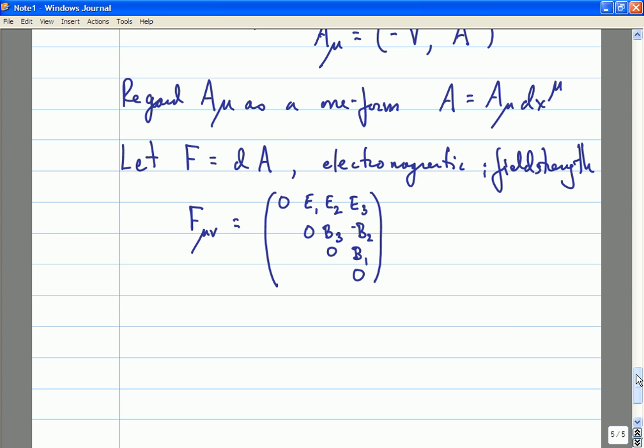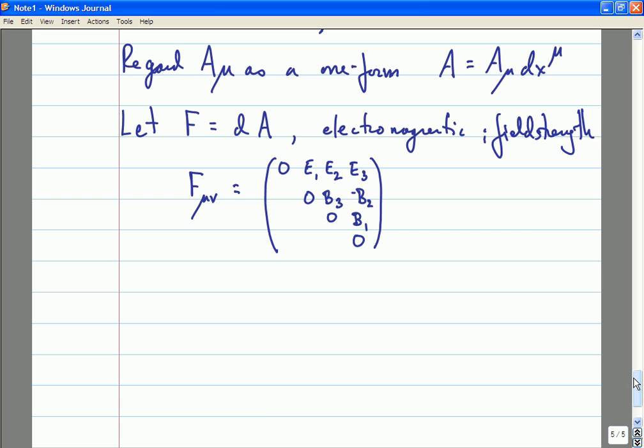Okay. Well, now that we know that F is equal to dA, recall that the exterior derivative has the convenient property that it squares to 0. So we immediately know that the electromagnetic field strength satisfies a first-order differential equation, namely that dF is equal to 0.